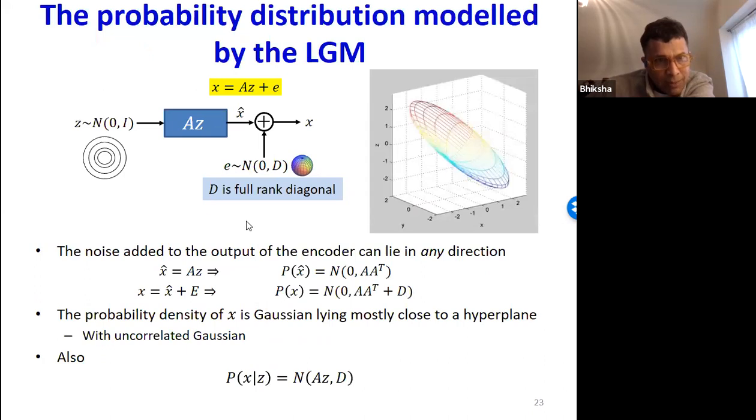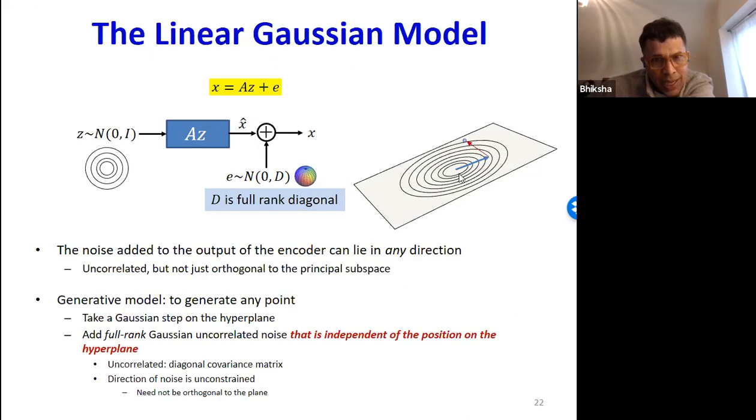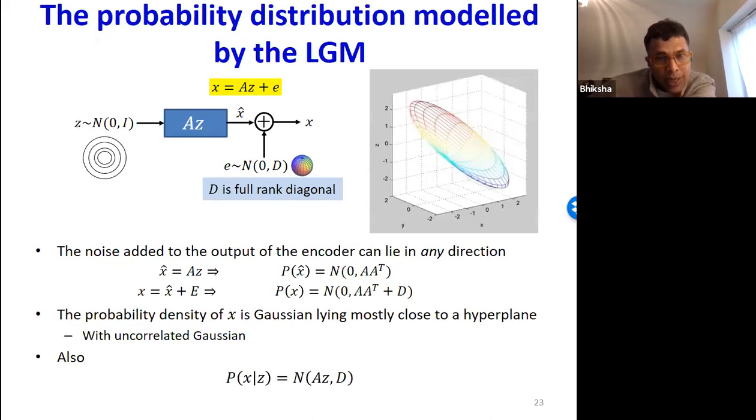Now the PCA model basically says that I first take a Gaussian step on the principal subspace. The LGM model says that I take a Gaussian step on the principal subspace, and then I take a Gaussian step off the principal subspace. It is still modeling the distribution of the data as being very close to a subspace.